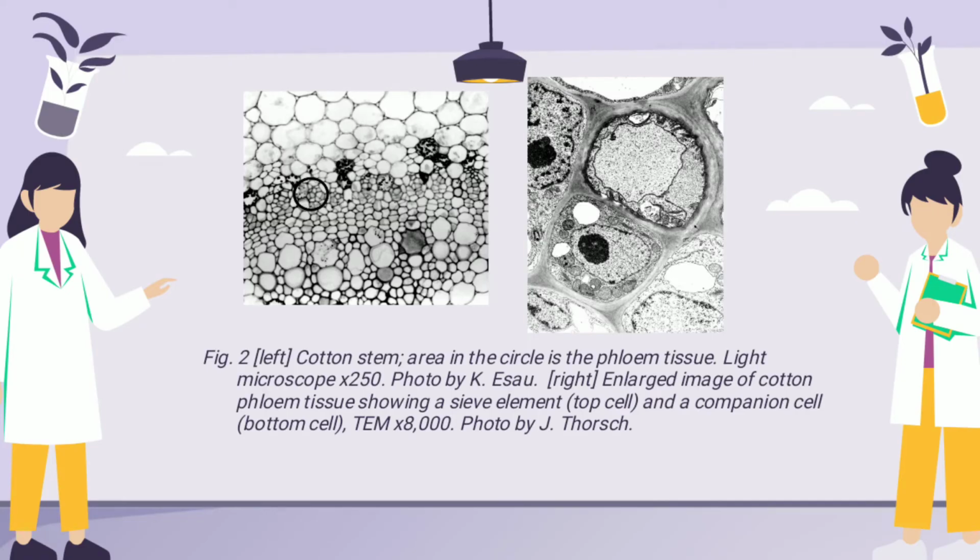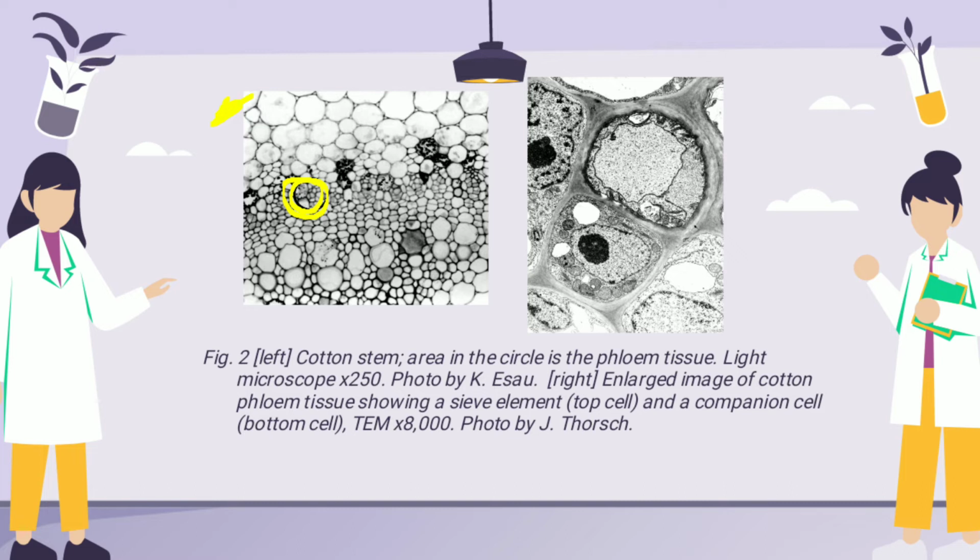Now, this illustration that you can see on your screen, on the left side, is taken by a light microscope. So this is a cotton stem, and this circled area is the phloem tissue.